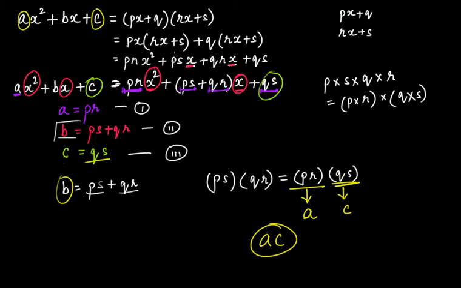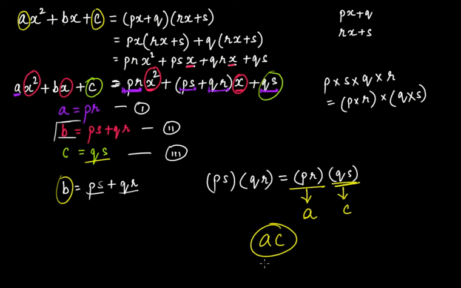The addition of two numbers will be equal to this b. It means that we have split the middle term now. Your split means that you have taken two numbers, and when you add them, you get b, such that the multiplication of those two numbers will be equal to ac, that is a multiplied by c.